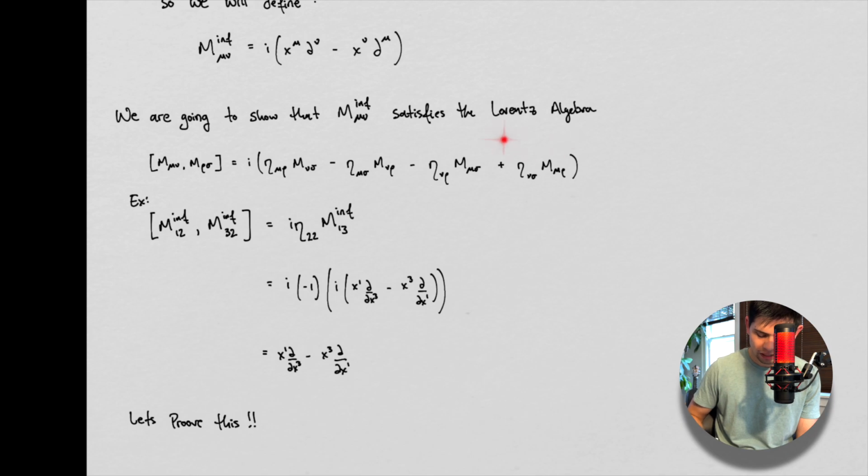Deriving this thing I don't think is super necessary. It's actually quite hard. So what I'm saying here is that this guy right here contains all of the generators, or the relationship between two generators, essentially, that obey the Lorentz algebra. So this is the Lorentz algebra.